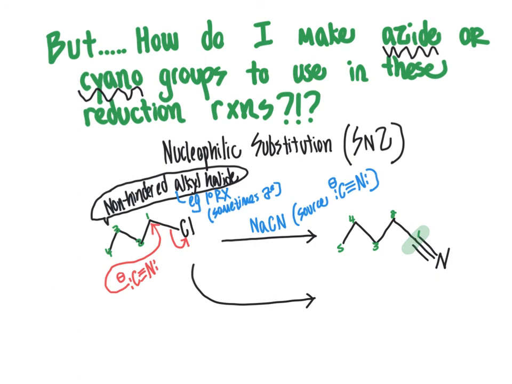Likewise, if in your synthesis, rather than adding a carbon to the chain during this process of nucleophilic substitution, you wanted to bring in just the nitrogen atom that is necessary for reducing to the amine group, you could use sodium azide, NaN3, and that provides a source of nucleophilic nitrogen anion.